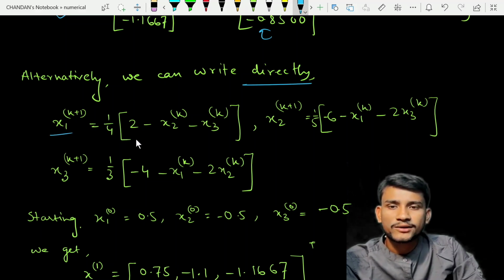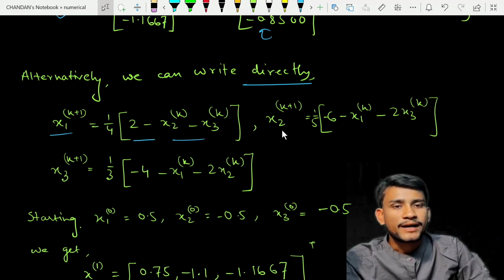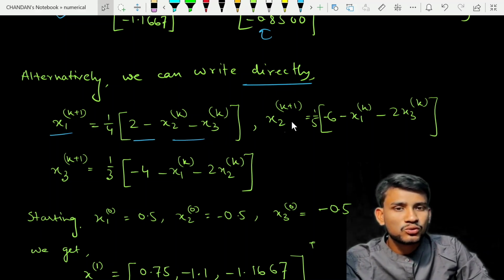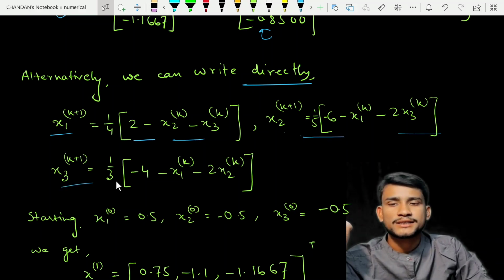So this is the scheme, and alternatively we can write directly x1^(k+1) equal to 1 by 4 into 2 minus x2^k minus x3^k, and x2^(k+1), the (k+1)th iteration, is equal to 1 by 5 into this one, and x3 equal to this one.